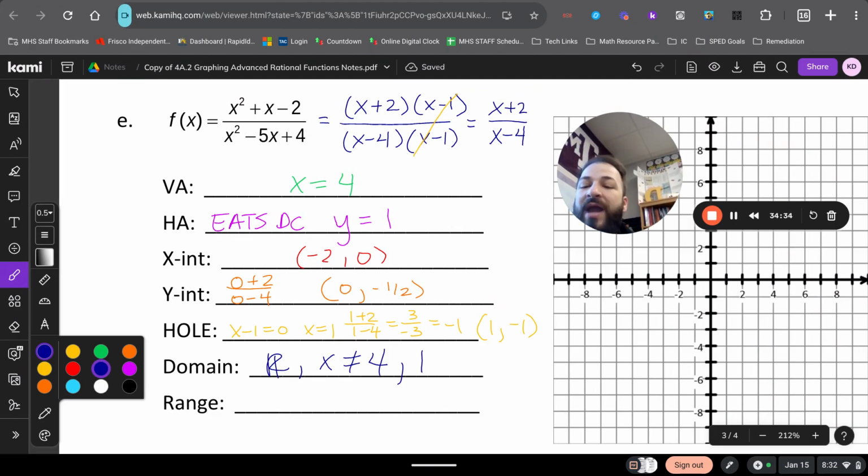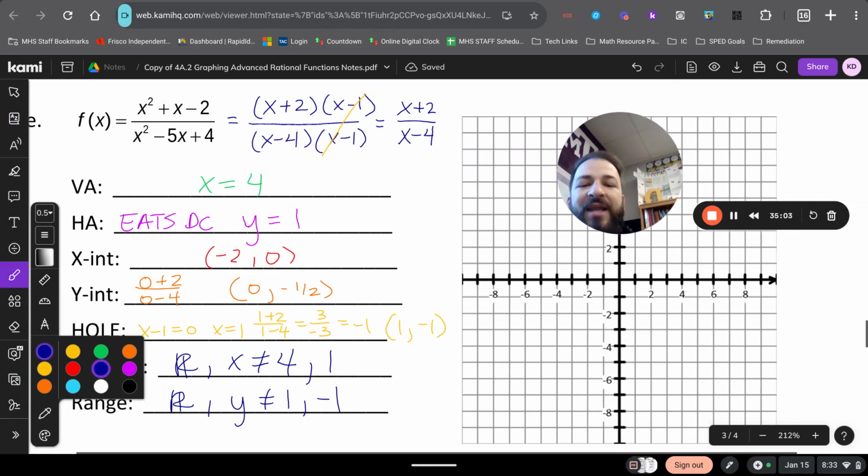And then for our range, we exclude any horizontal asymptotes, so all real numbers y does not equal 1, and any y values of the hole, because that would also be an undefined spot. So y does not equal negative 1.